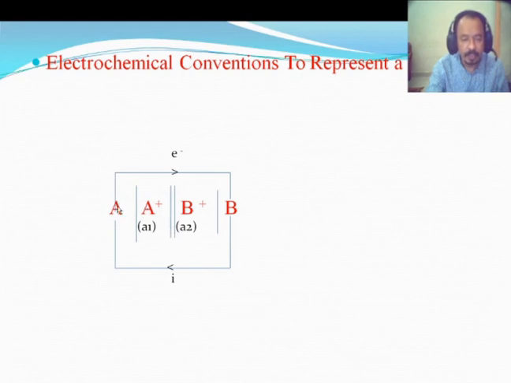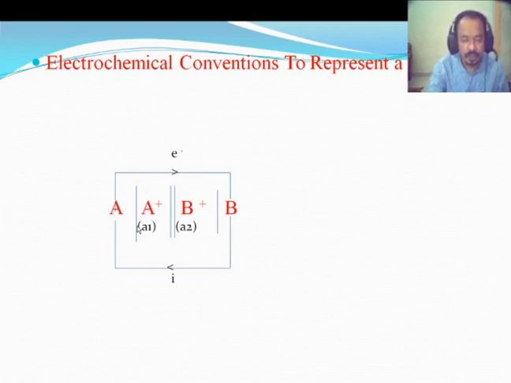Now there is an arrow from left to right above the cell formula which represents the flow of electrons from left to right, that is, from anode to the cathode. At the same time there is an arrow from right to left below the cell formula, which represents the flow of the current.